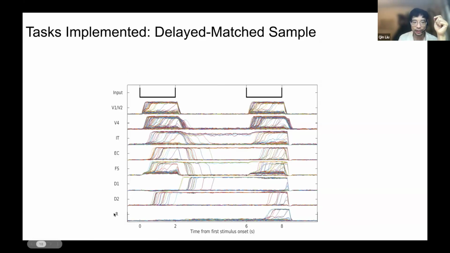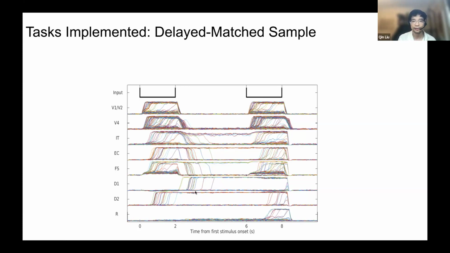And then the response unit R here responded to the second image. This is because the first input and the second input I gave here matched each other. So the response module of the simulation needs to say, okay, this is a correct match. So in this task, we discussed how these memory units interact with each other, and this is the emerged mechanism out of the simulation.